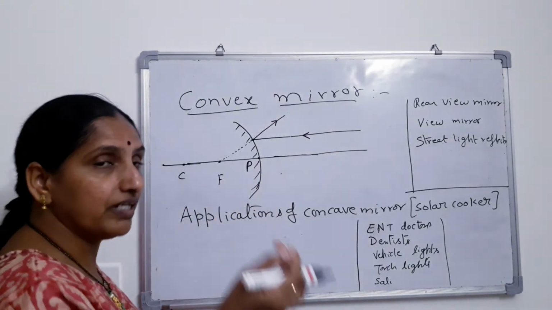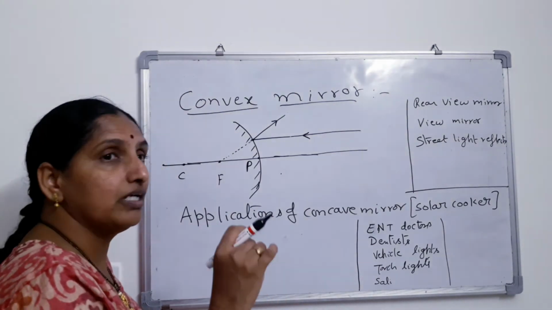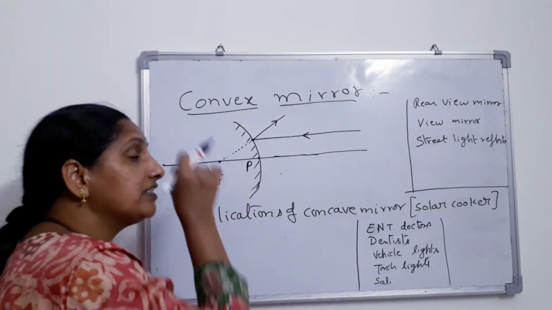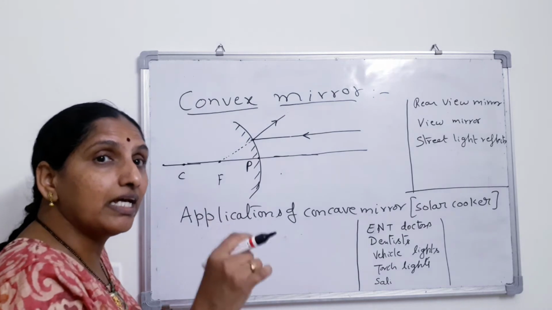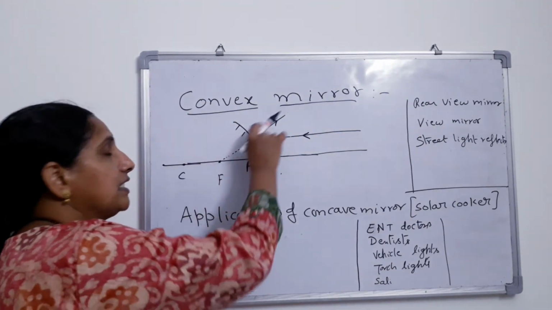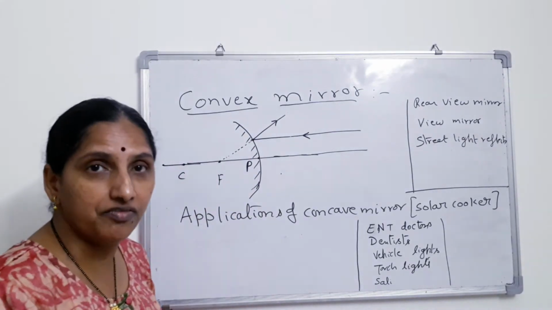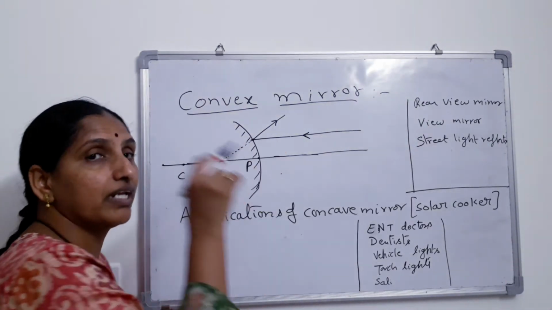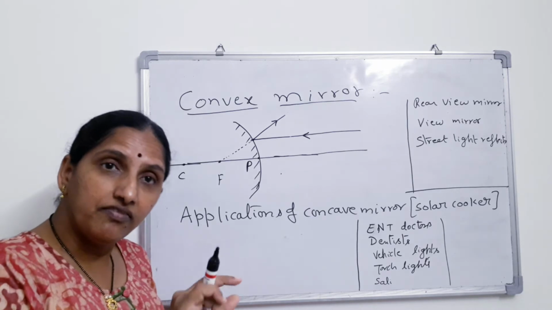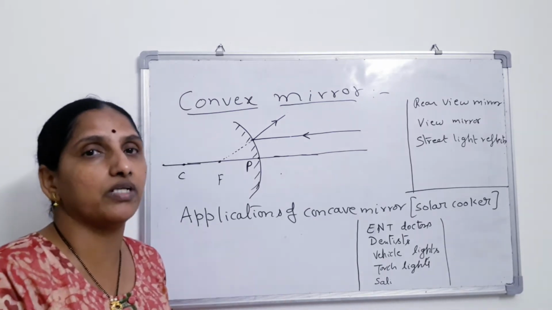And the third one is that whenever a ray is made incident on the convex mirror in the direction of the radius of curvature, that means through the center of curvature, it gets reflected back along the same path, as we have seen in the concave mirror.